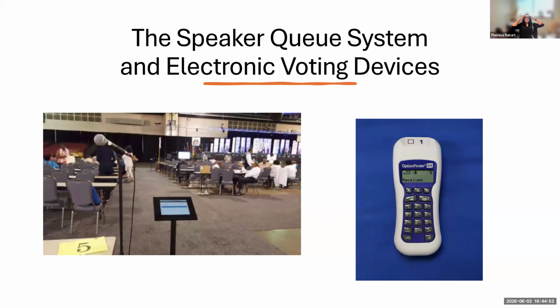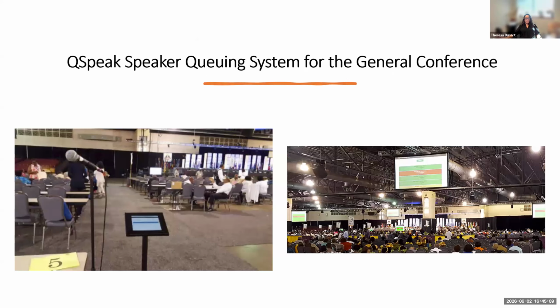Now we'll look at the speaker queue system, which you'll see on the left-hand side of that photo. On the right-hand side is the Option Finder, the electronic voting device.